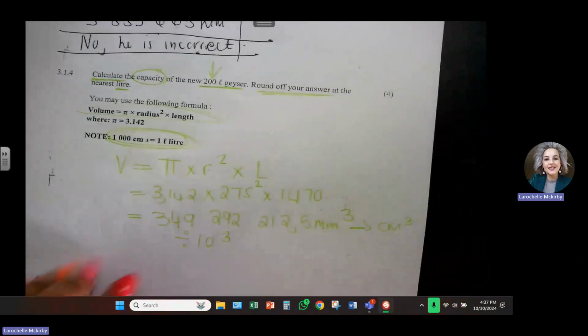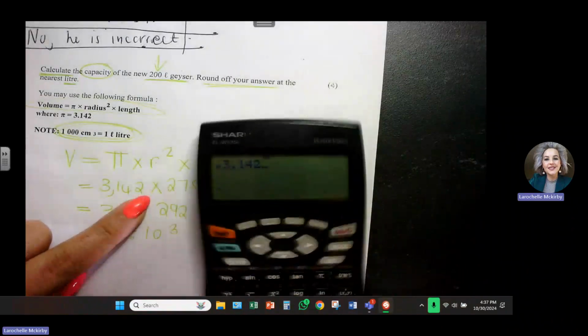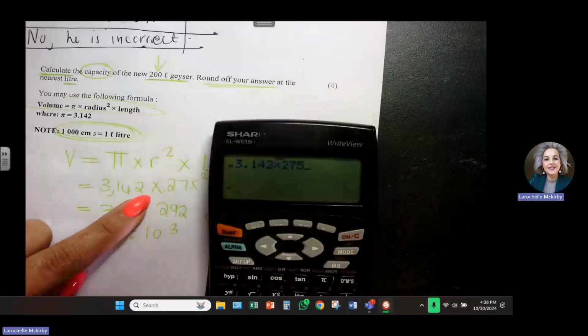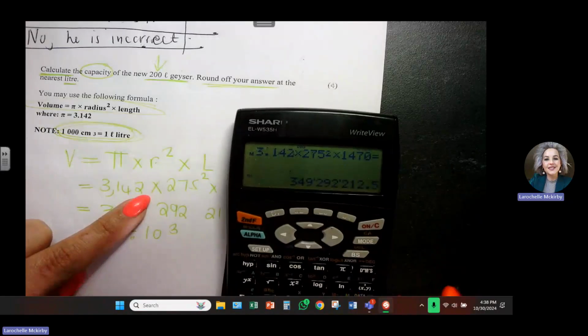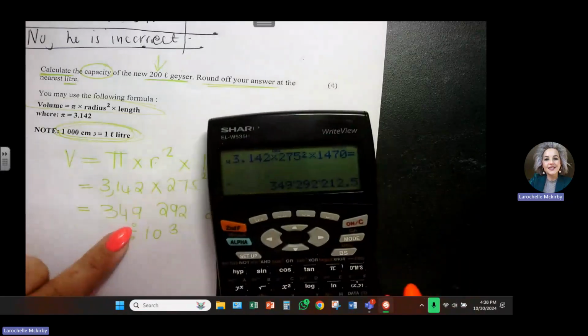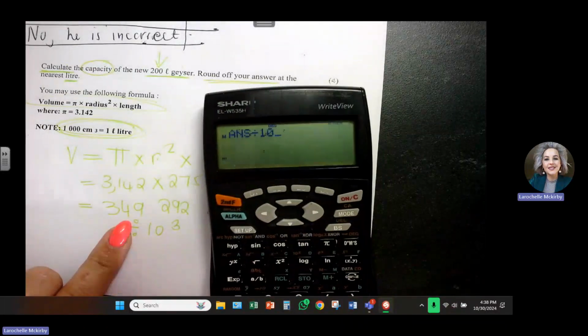So I will say divide by 10 and a 3. So how do I punch it in? Let's say 3.142 multiply by 275. Remember your 2 multiply by 1417. So there is your number, right? Now I can only say divide by 10 and the small little 3.